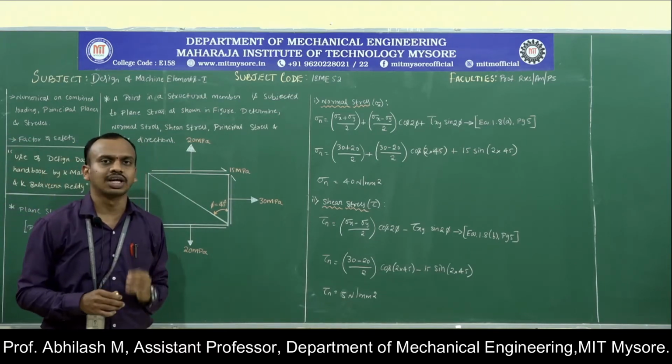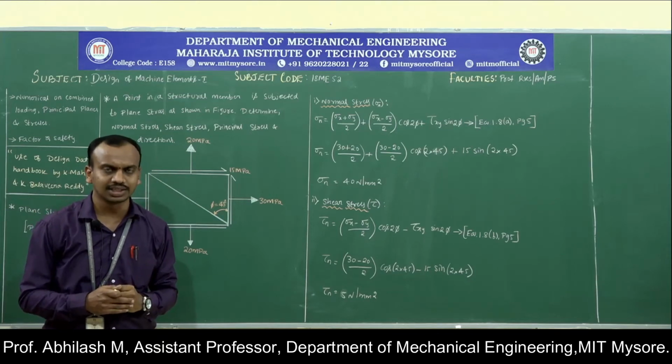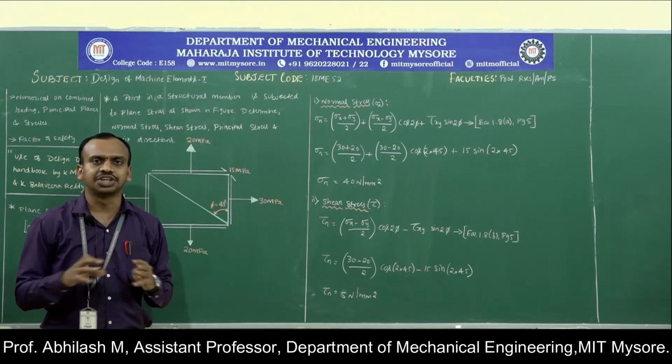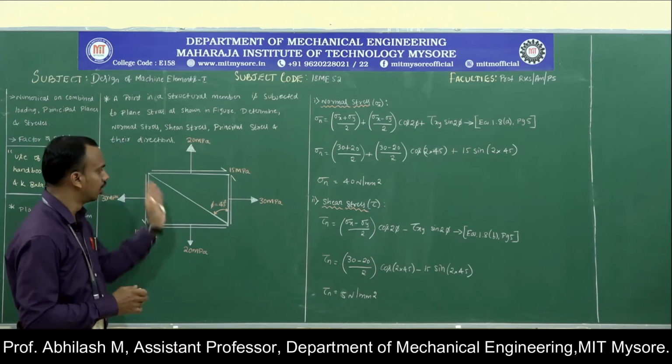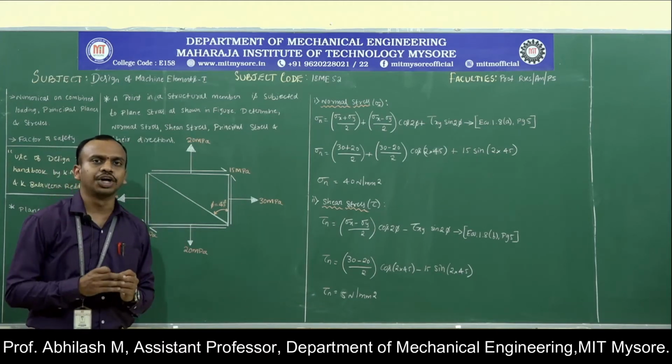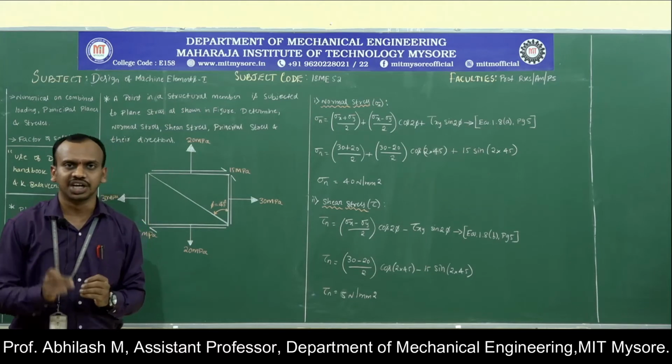stresses. If we recall the definition of principal planes and stresses, it states that in any strained member, if you keep on introducing a cutting plane, we are going to obtain the normal stress and shear stress.